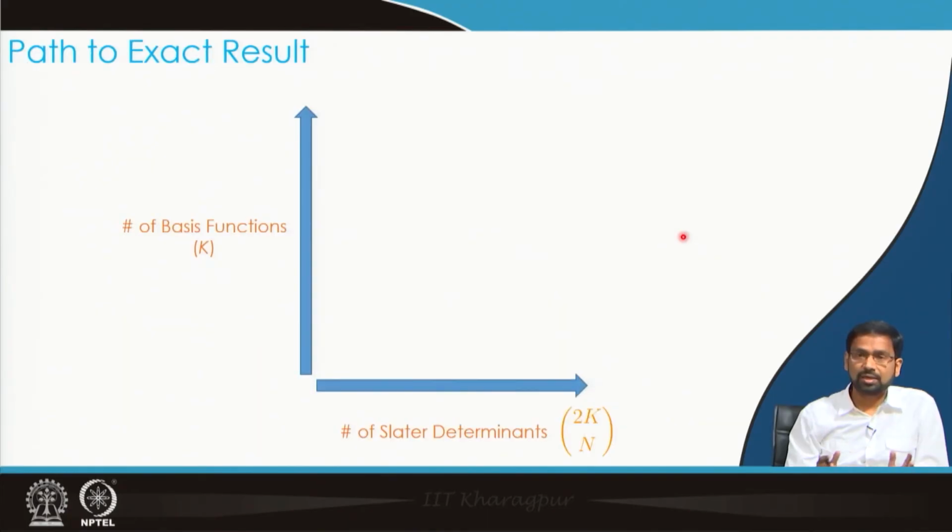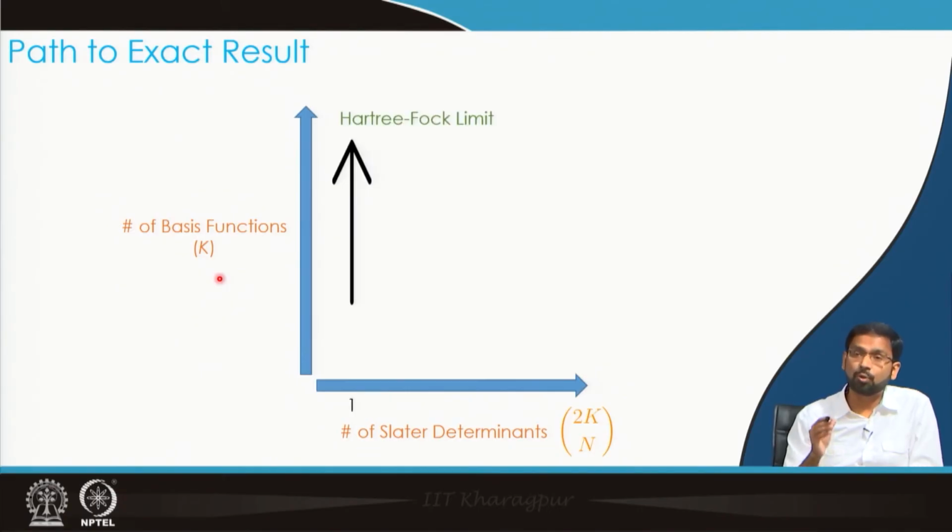So far we knew that we have these basis functions. When we use larger basis functions, our calculations become better. But if we consider only Hartree-Fock as the procedure, we are only considering one Slater determinant. But now we have realized that there are many n electron wave functions.